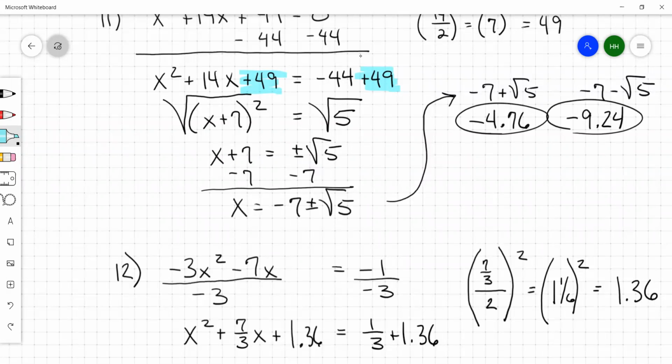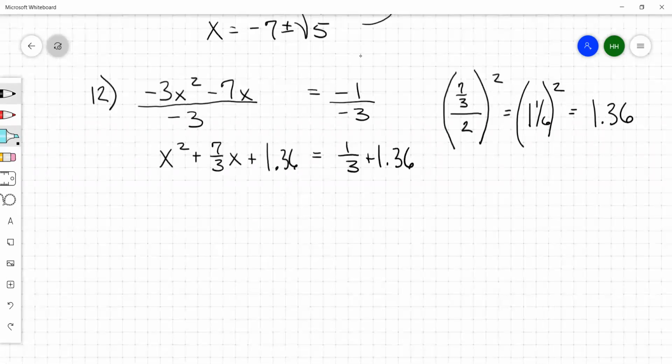So when you factor this left side, it is going to be x plus 1 1/6. What's 1 1/6 as an improper fraction? It might be easier to work with. That's 7/6. All right, 1 1/6 is the same as 7/6 squared. 7/6 squared can also be 49/36.